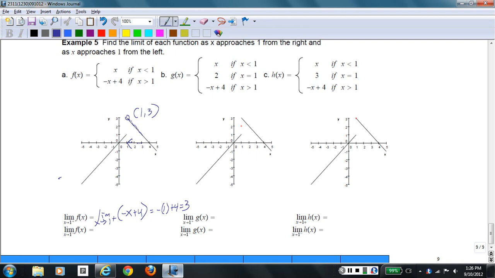What about from the left? This equals the limit as x approaches 1 from the left of that other rule. When x is a little bit less than 1, the function is defined by the expression x, so substituting 1 for x gives 1. Approaching from this direction, the point is (1, 1), so the y-coordinates are approaching 1.